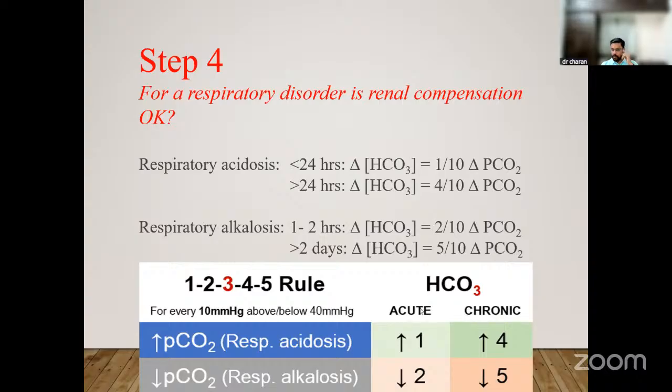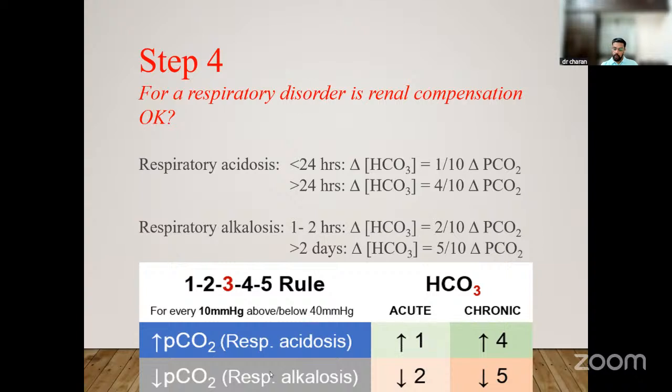Here what we do is acute and chronic. For every 10 change in PCO2, what is the change in bicarb? In acute respiratory acidosis, the change will be 1.